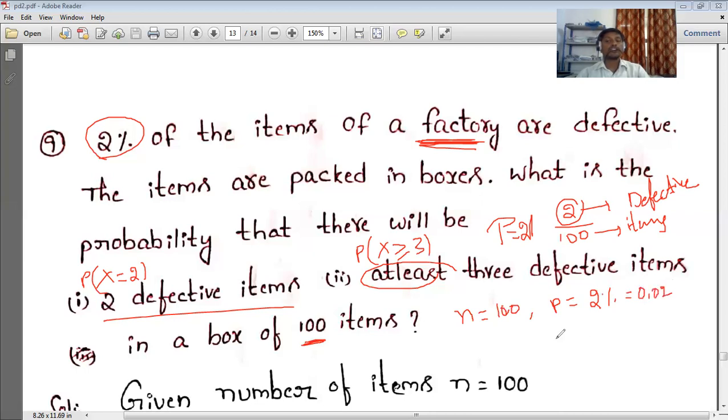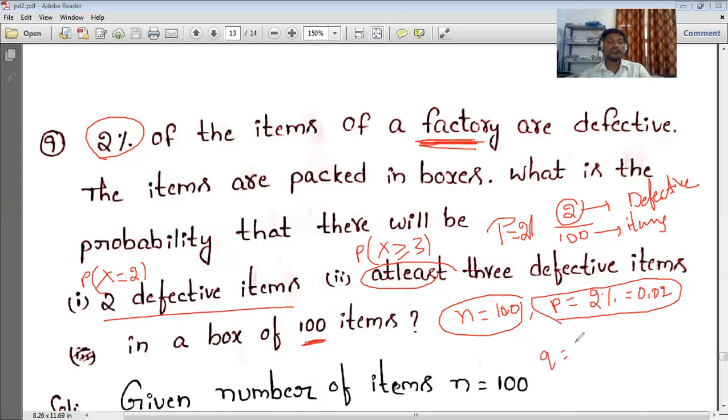Okay, next, these are the things we are going to calculate. Can we apply binomial distribution for this problem? We can. We can apply binomial distribution as well as Poisson distribution. Why? Because we know the value of n, and the p value also. We can get the q value also. How will we get the q value?